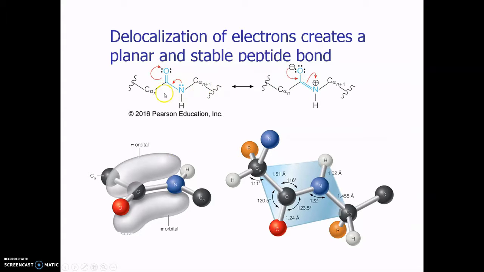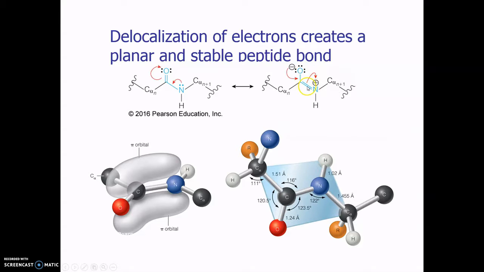Since we have a double bond that is sometimes present here, sometimes present here, it tends to fix the bond angle between this carbon and nitrogen, allowing no rotation to occur between those two bonds. This whole thing creates a flat planar structure with the oxygen, carbon, nitrogen, and hydrogen all existing in a single plane.